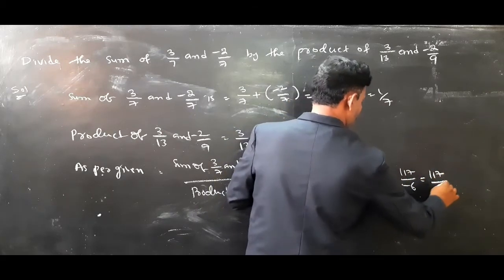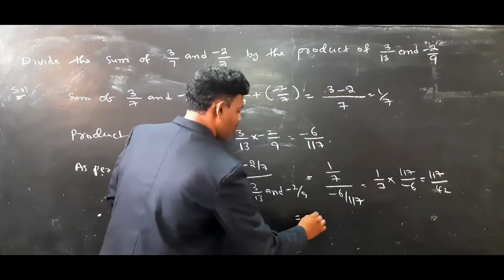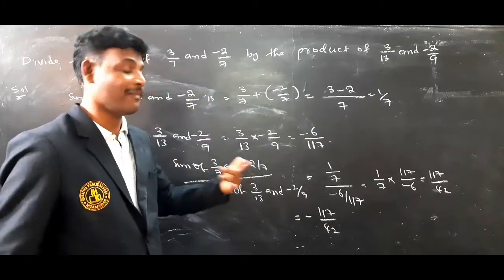What is the answer? 1/7 by 42... So the final answer is −117/42. The final answer is −117/42.